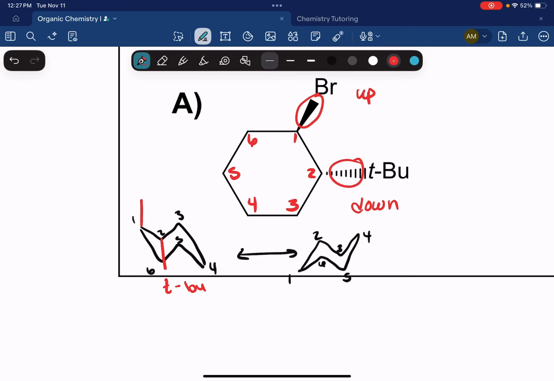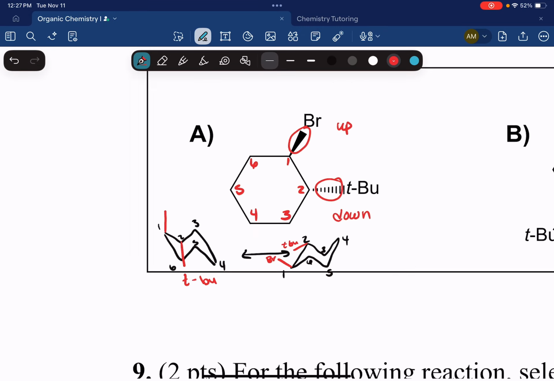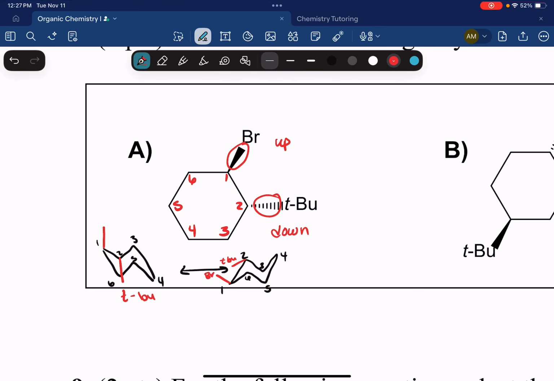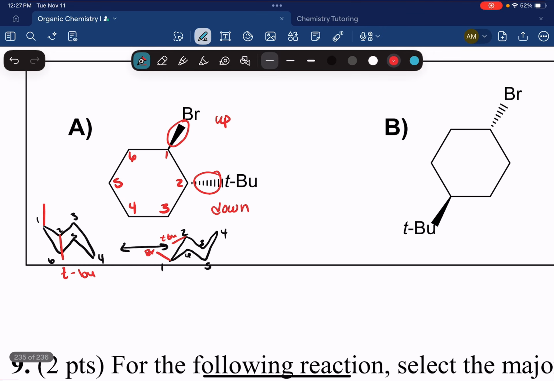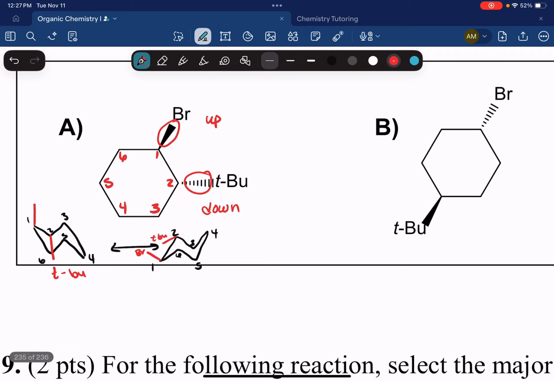So 1 up, tert-butyl down. So our tert-butyl's here. See, that's still not very stable. Now it's equatorial, but now both of them are equatorial. Our bromine needs to be axial. Otherwise, it won't be antiperiplanar to the hydrogens. So this isn't going to work very well.